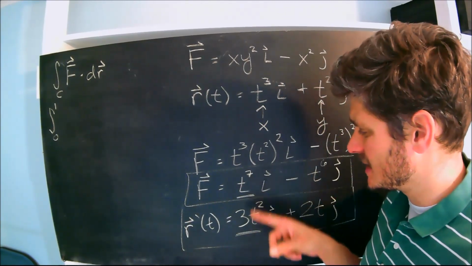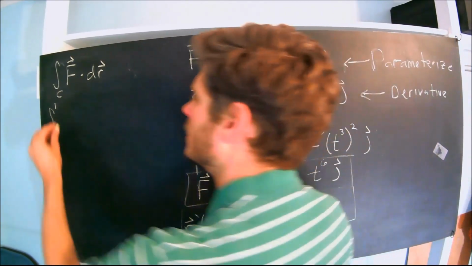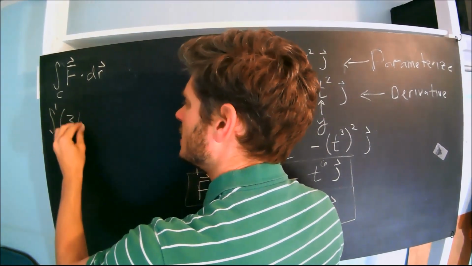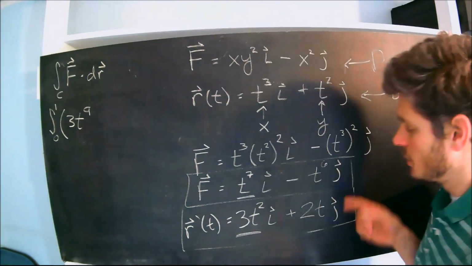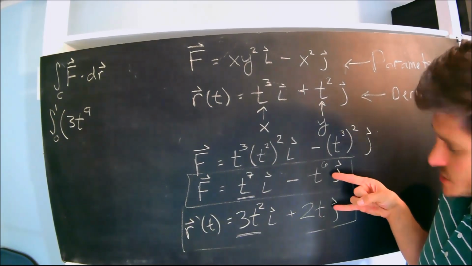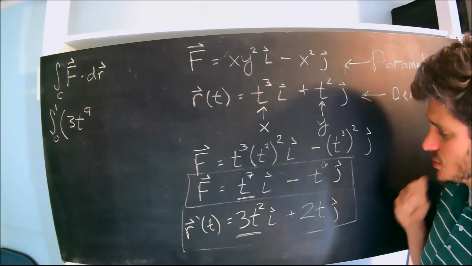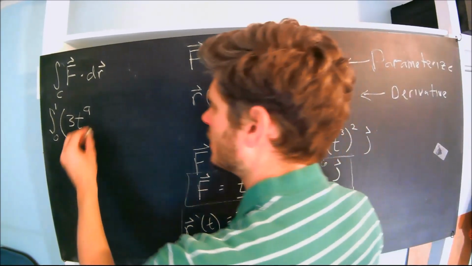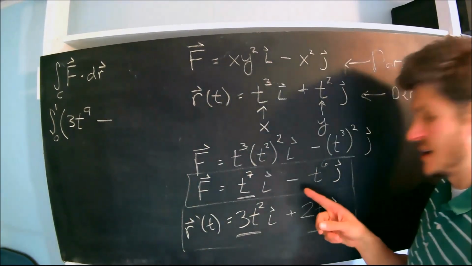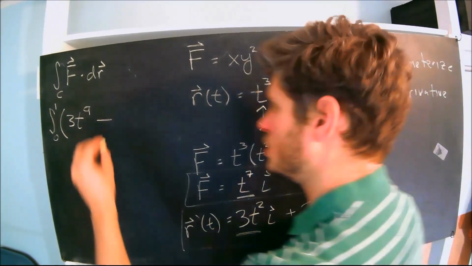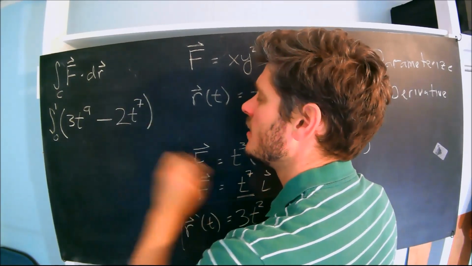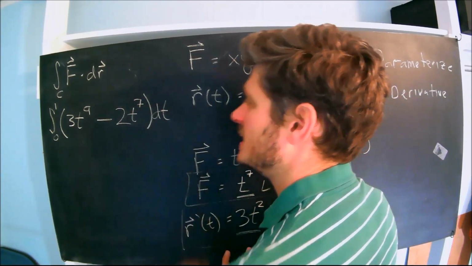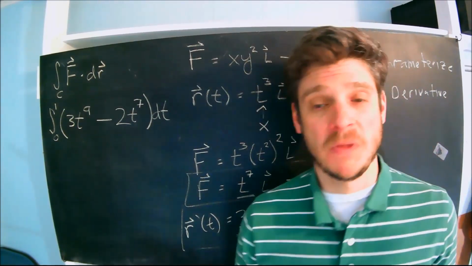Multiply t to the 7th times 3t squared, that's going to be 3t to the 9th. Multiply my y components, t to the 6th and 2t. Multiply those together: minus 2t to the 7th. My dt at the end, and there we go.